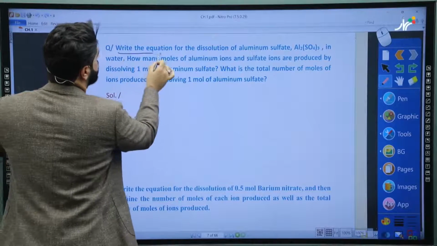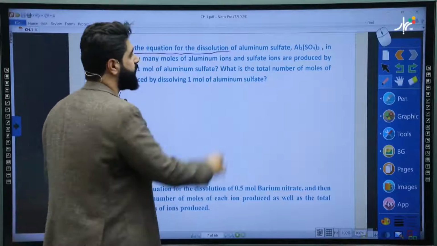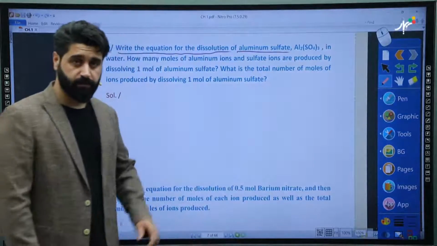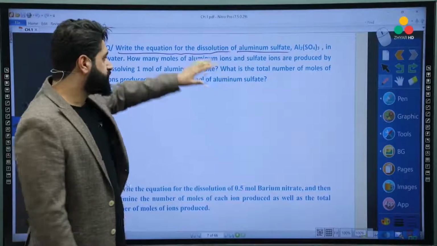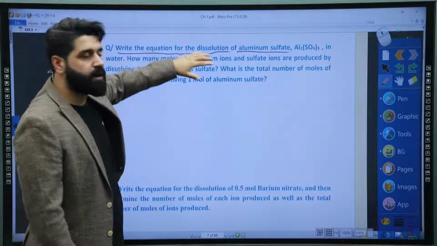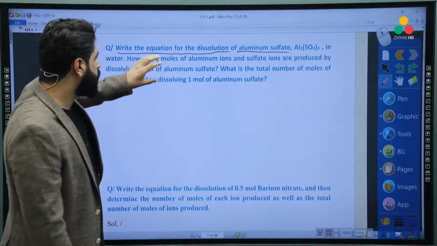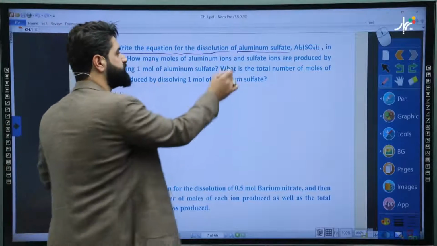Write the equation for the dissolution of aluminum sulfate. First of all, point at your compound. While reading the question, you have to know what your compound is.